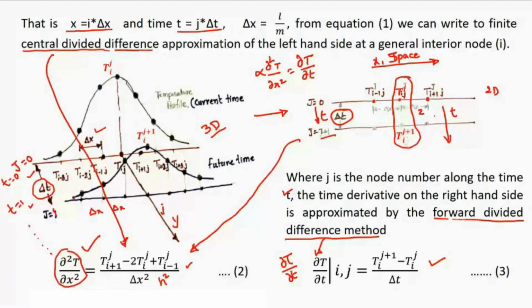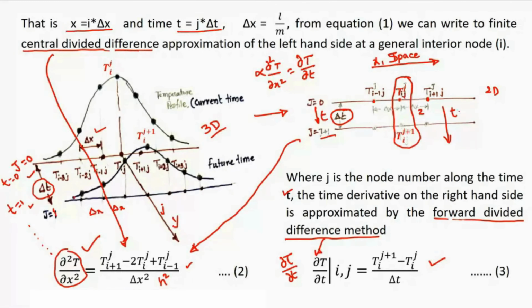In the y direction we are dealing with temperature and time, and in the x direction with respect to space. By using the central divided difference concept and the forward divided difference concept, we obtain these two equations, equation 2 and 3. These equations are used for predicting a field variable.